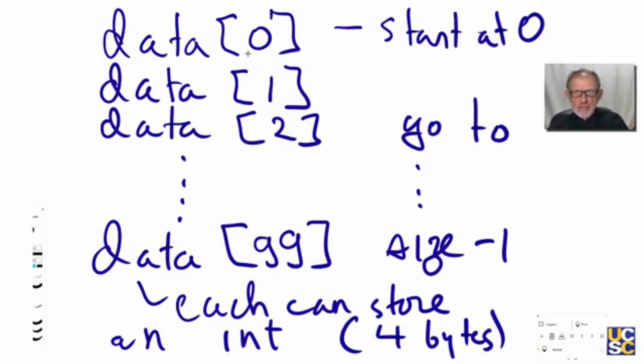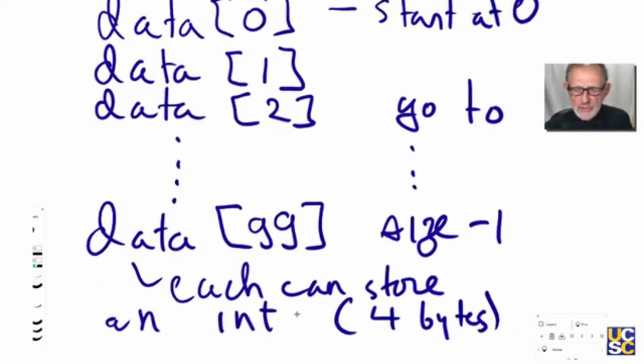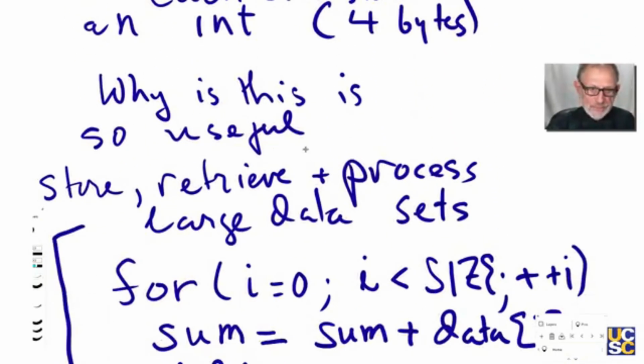And for more sophisticated work in the C programming language, you're going to have to understand addressing and pointer. But for very simple things, indexes and arrays are a straightforward abstraction. So each of these items can store an int, and on most machines that will be 4 bytes.